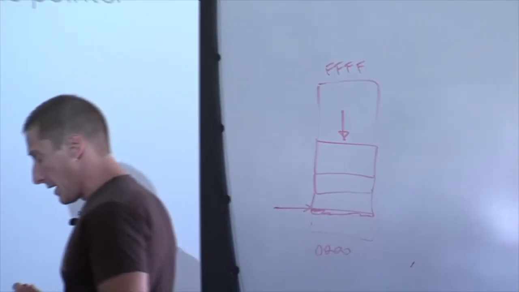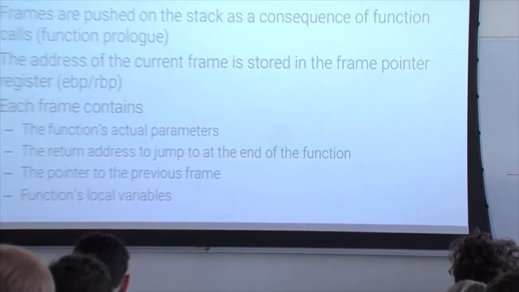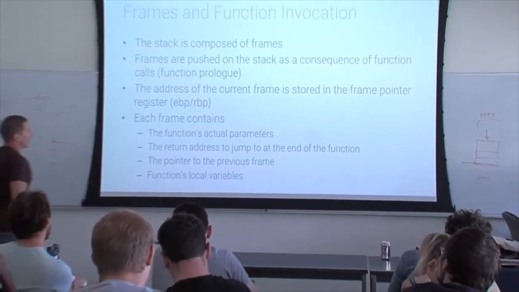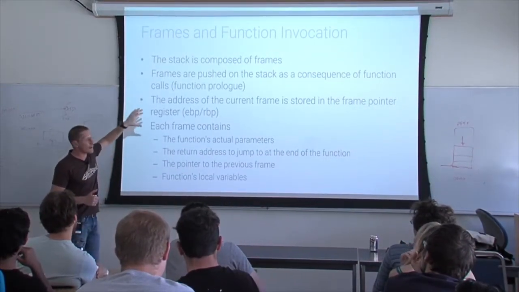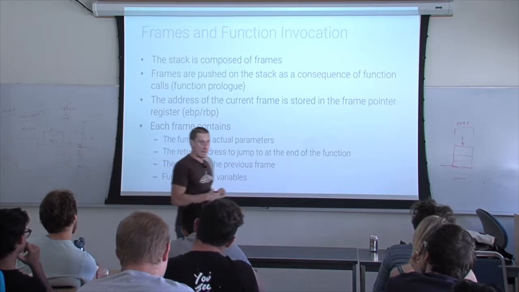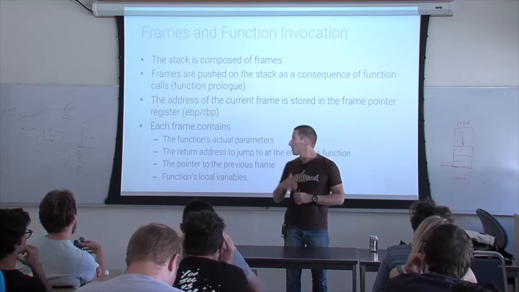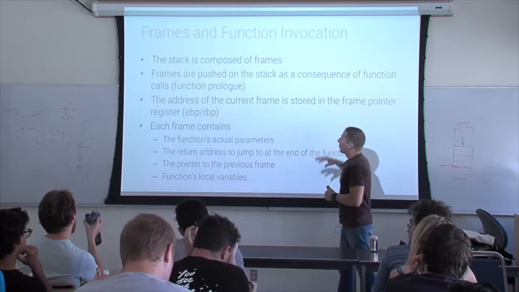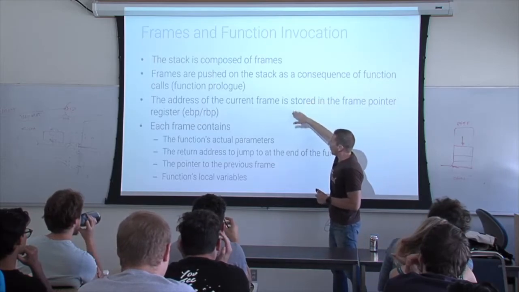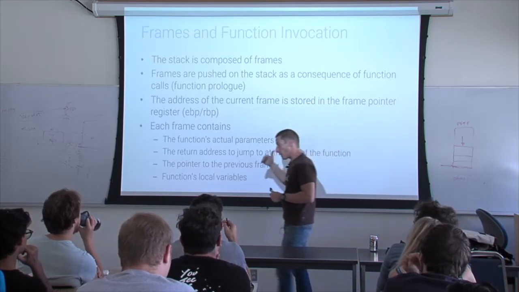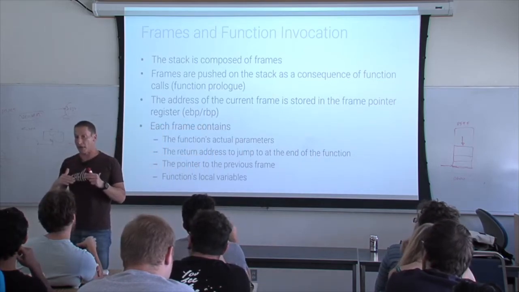The important thing is the stack is used in function invocation. You know this from compiler classes, but it's a good refresher. Whenever you call a function, you push a frame on the stack. That frame is a local environment for that particular function. The address of the current frame, the frame of the caller, is stored on the stack, so you don't forget about it.